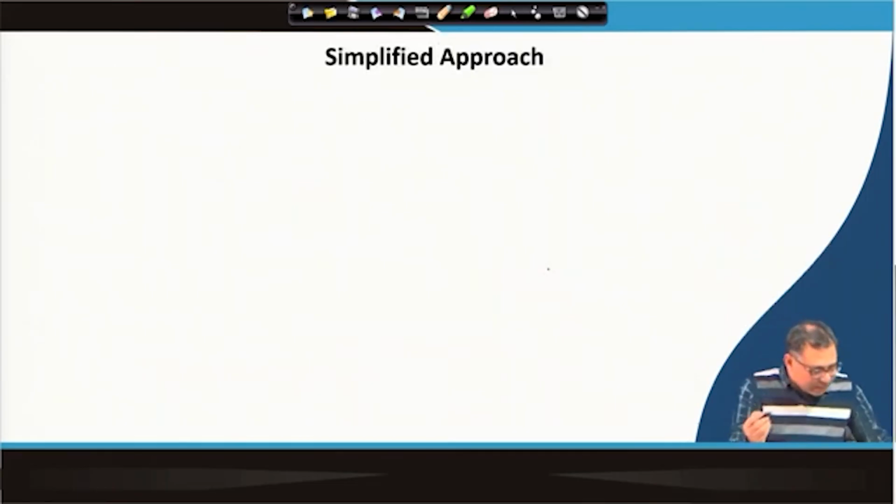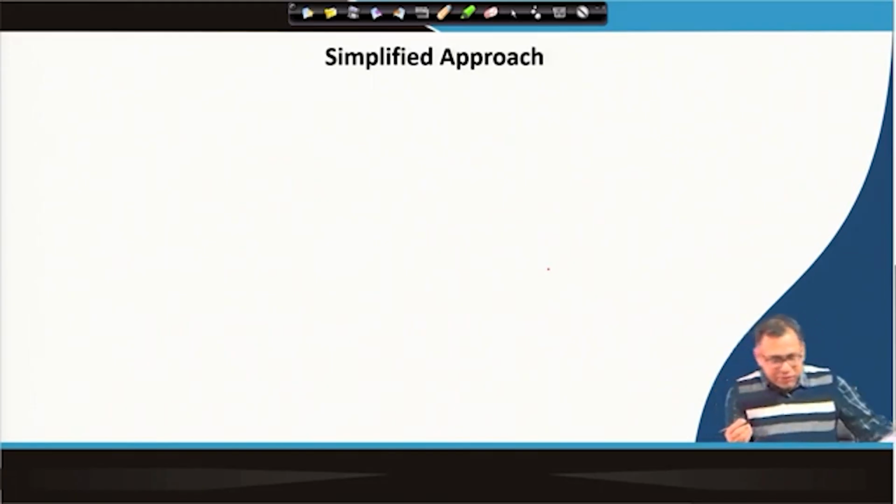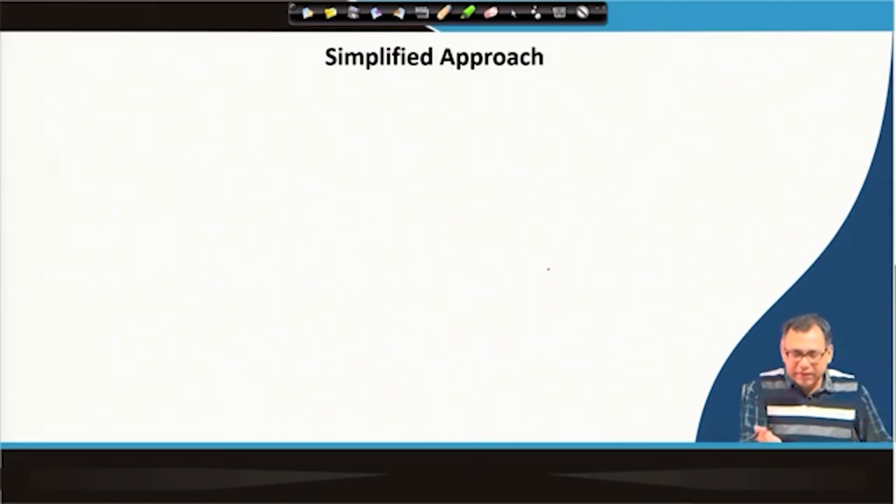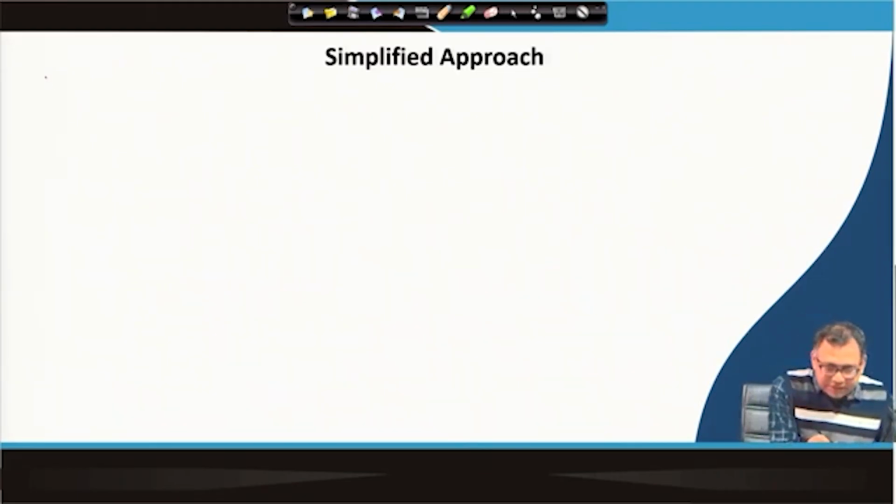Then I will discuss another approach which is called the simplified approach. So, in this simplified approach, obviously simplified means it is very simple. What is that approach? And that is for a free headed pile.